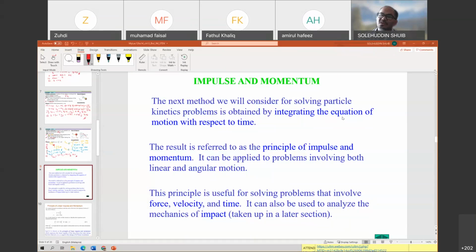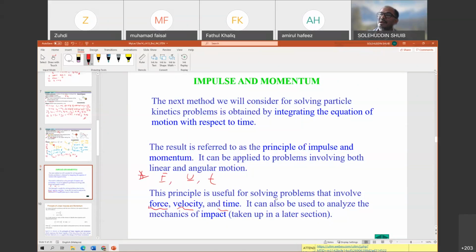If you want to apply this technique, it has to involve force. You must have the force, the velocity, and time.